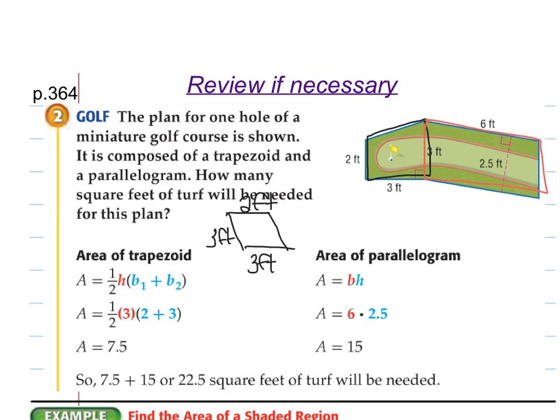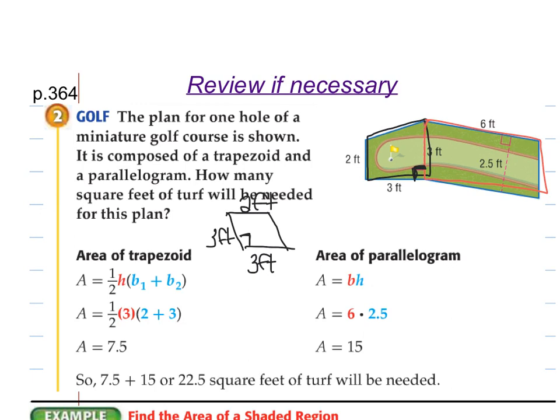We know that the area of a trapezoid is 1/2 times the height times base 1 plus base 2. This bottom corner, not in my picture, doesn't look like it, but over here you can see has a right angle, and so we know that that is the height because it's a right angle, so it goes straight up.